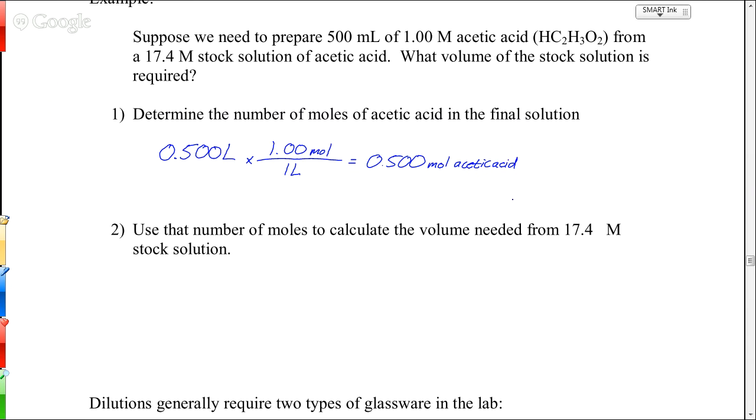Okay. So how do we determine how much stock solution would have 0.500 moles in it? It's kind of the same calculation, but with an unknown. So we're going to set up that exact same thing. We don't know how much volume we need from the stock solution, so some unknown amount of liters of stock solution. And this has 17.4 moles per liter. And we want that to also be 0.500 moles.